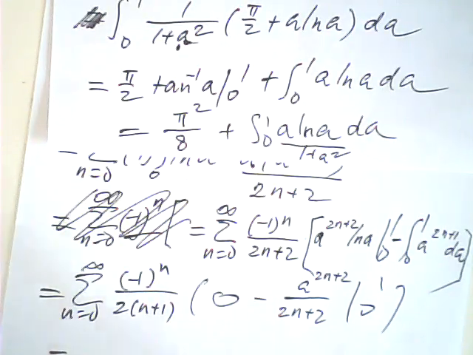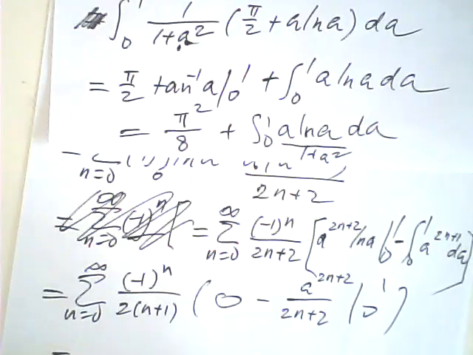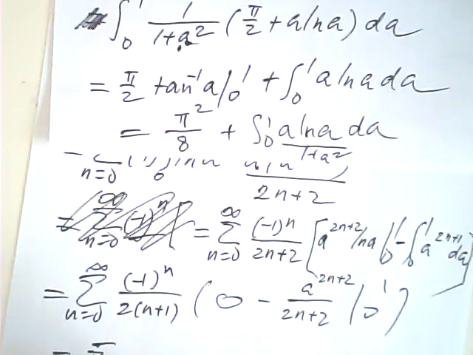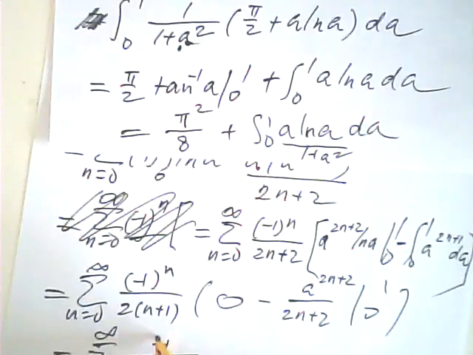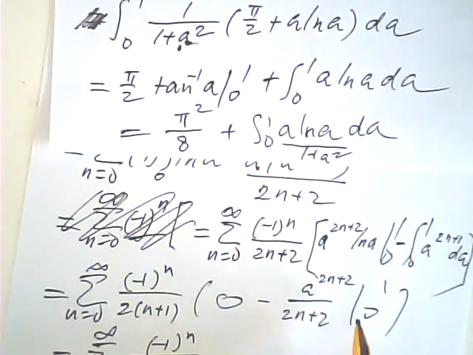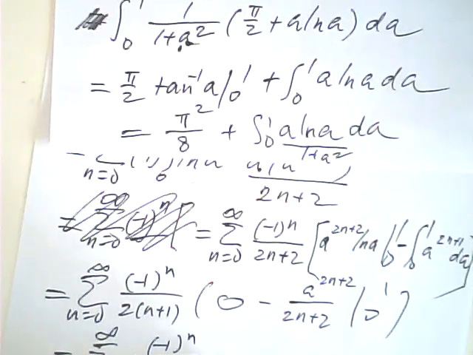So we end up with negative, this becomes 2n plus 1 squared, right?